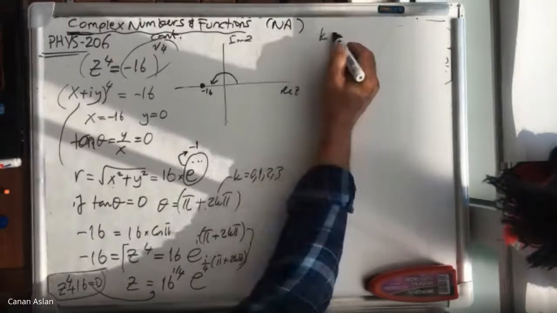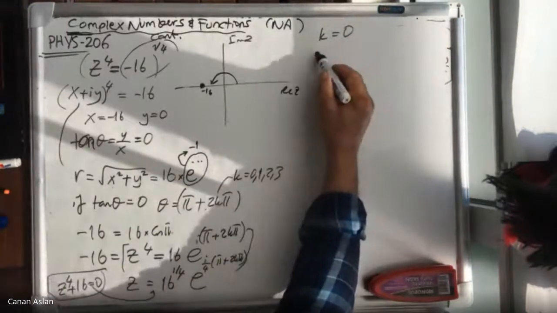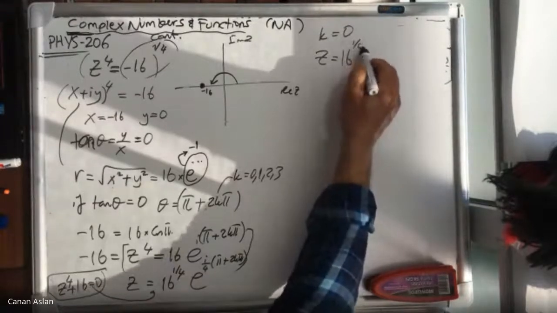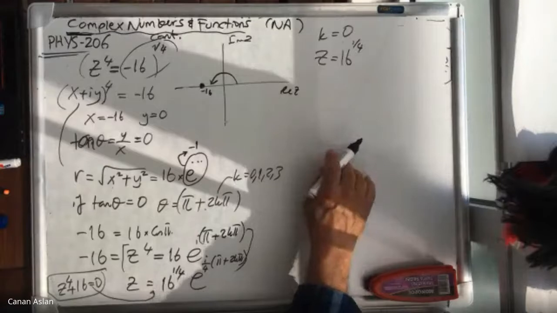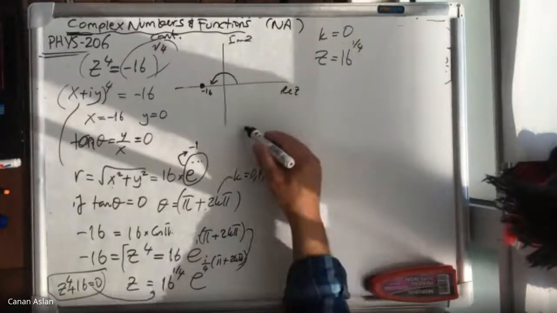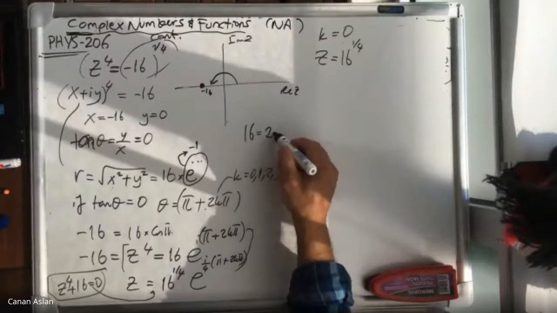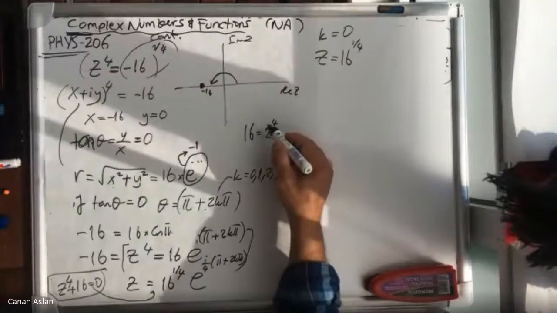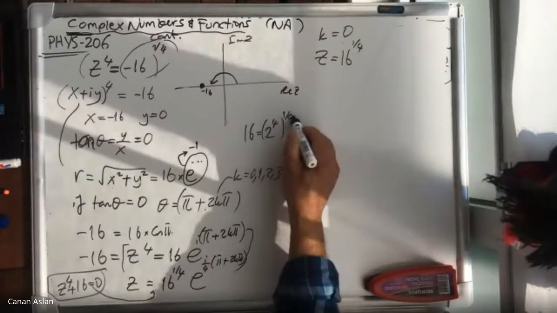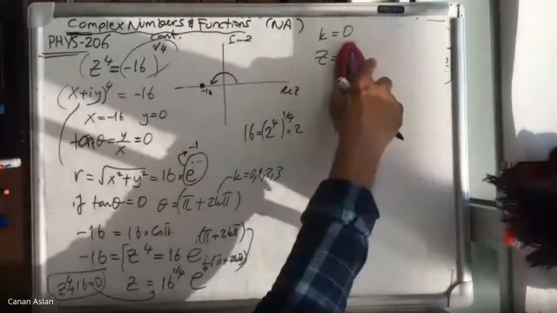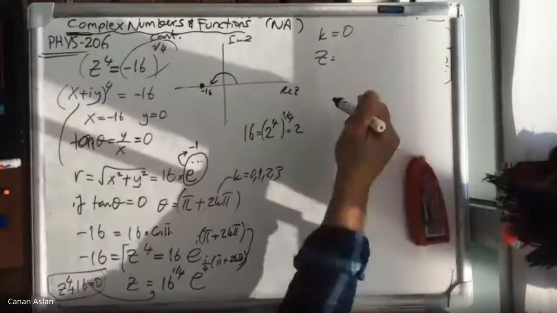For k equals 0, one of the roots is 16 to the power of 1/4. So what is it? Actually, 16 is just 2 to the 4, right? But if you take the 1/4 power of this, it's just 2. So basically, the coefficient is not 16, but 2 here.